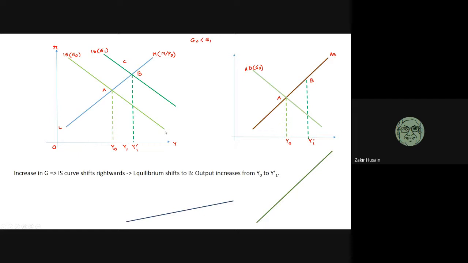This is the initial IS curve. Equilibrium occurs at E. We are supplying Y0. If we look at the aggregate demand and aggregate supply curve, we can draw it in this way. So this is the initial demand curve. It intersects with the aggregate supply curve at E. Y0 is supplied, and this is the price.